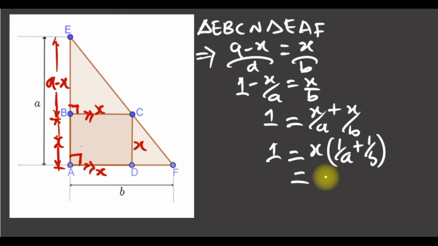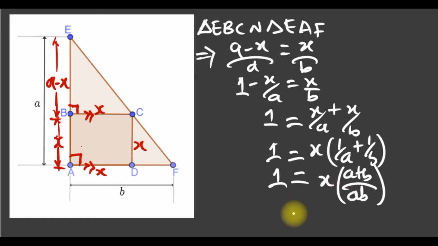The LCM is ab, so we have a plus b over ab. Making x the subject of the formula, x is now ab over a plus b. So whenever a square is inscribed in a triangle, the side length is the product of the two sides on which the sides of the square lie, over their sum. That's the formula.